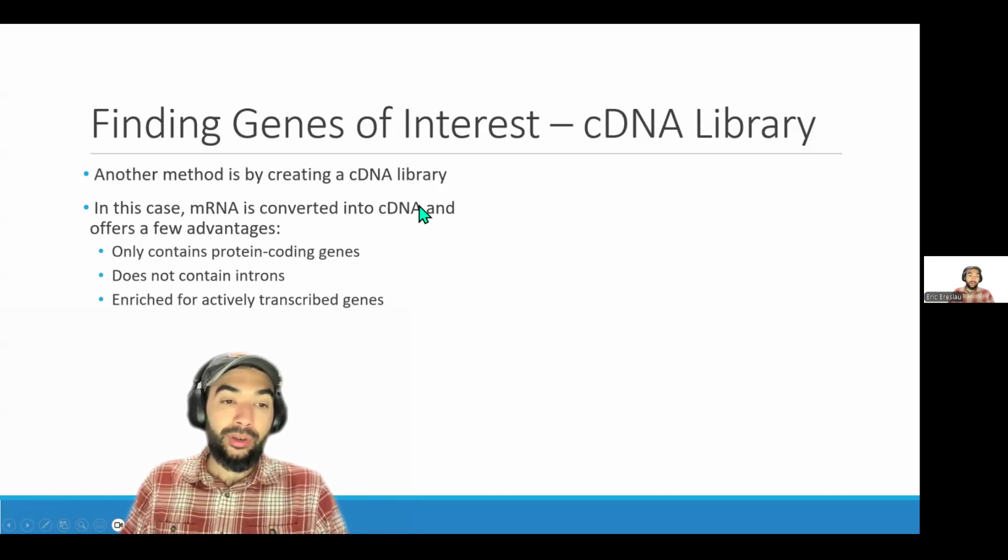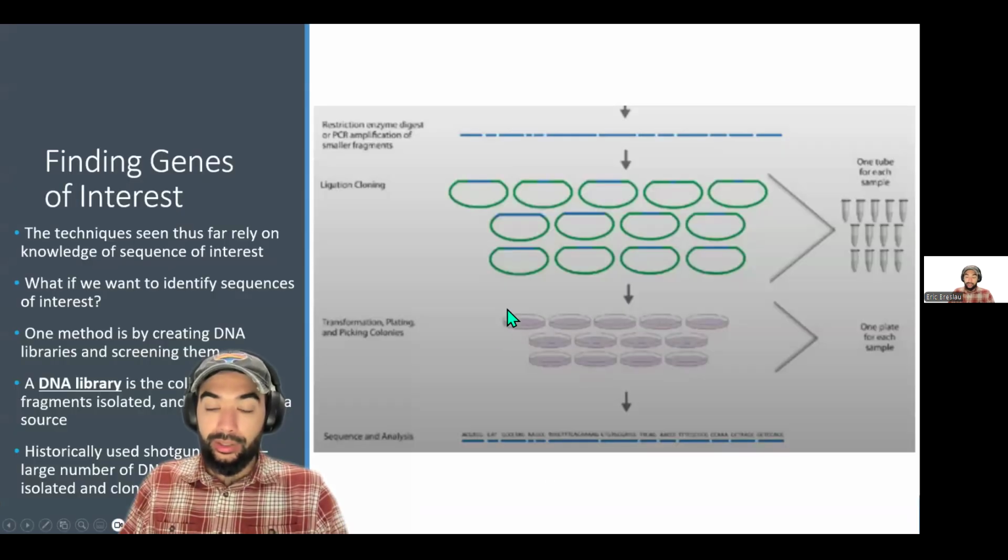Now, let me go back to this image real quick. Here in these plates that we would have from this cDNA, each plate represents a unique mRNA transcript, which in another way we can think of as each plate representing a unique protein or a unique gene.